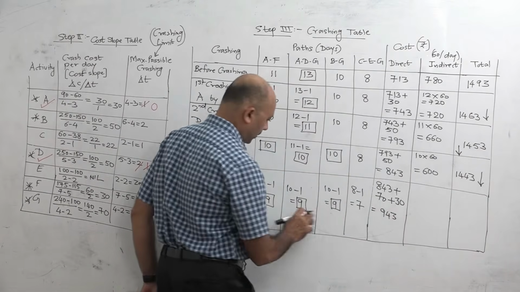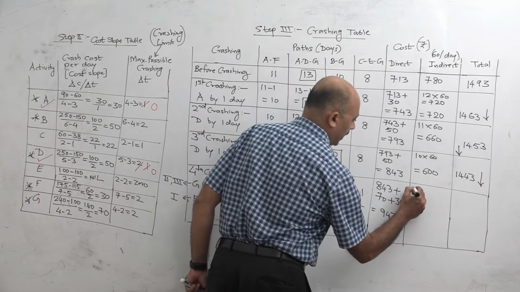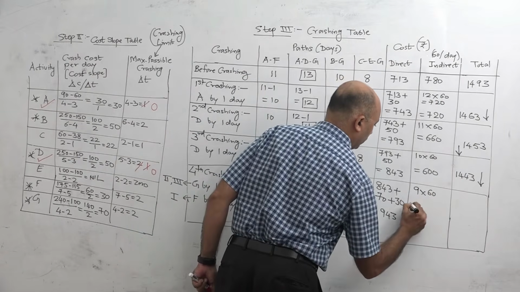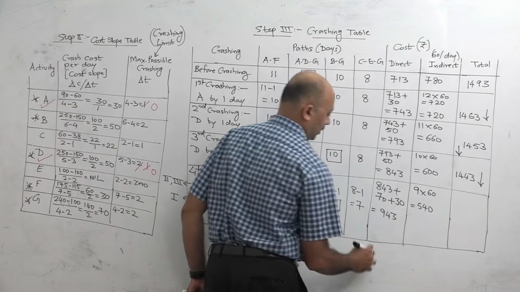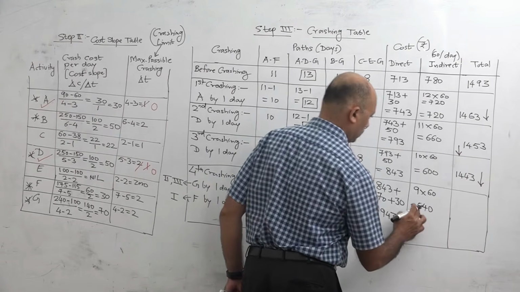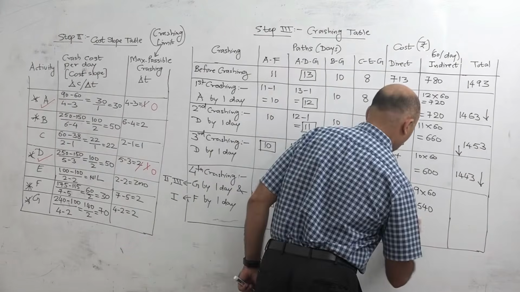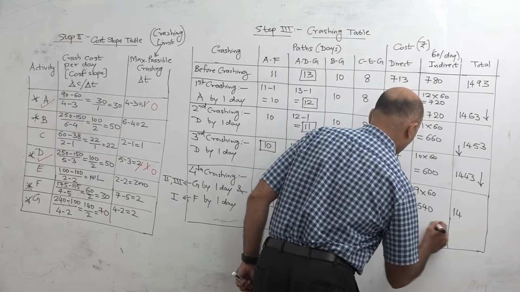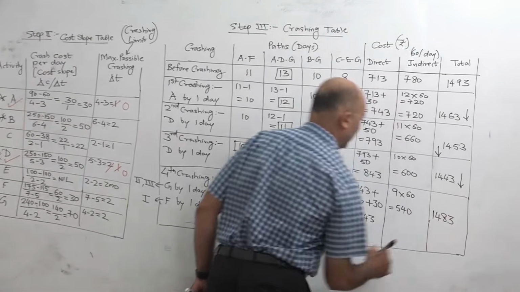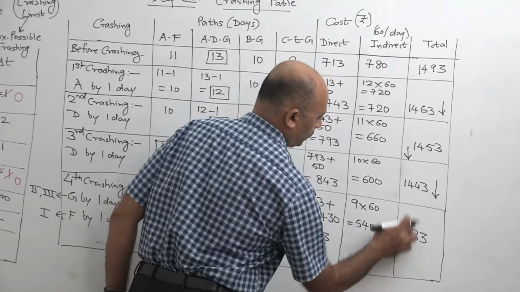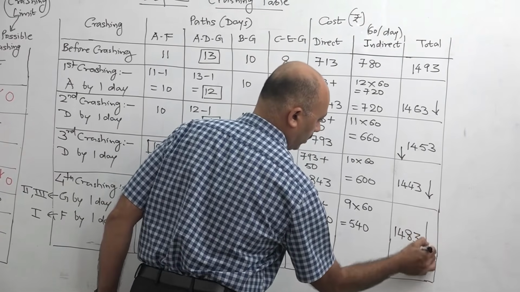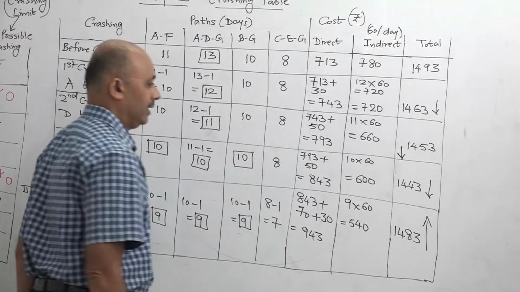Indirect cost, completion time is now 9 days. So 9 into 60, that is 540. Now you add this, and it will be 1483.